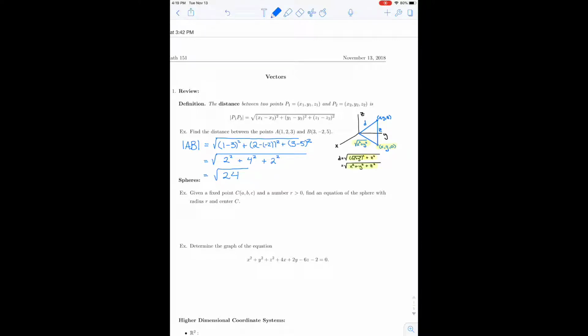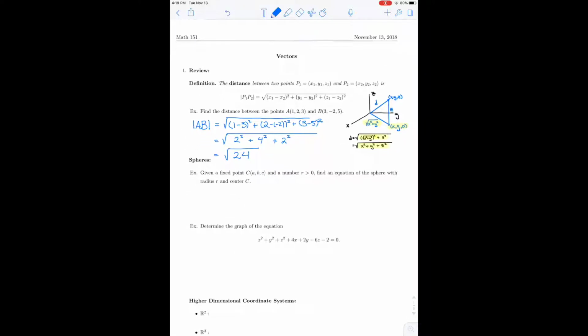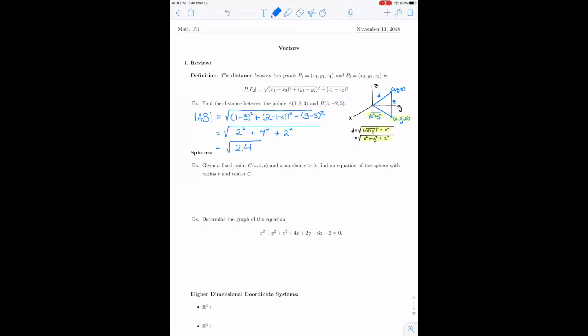Now that we understand the distance formula for 3 dimensions, we can define the equation of a sphere. A sphere is really a collection of points that are all an equal distance from a center point. That distance we're going to call the radius.